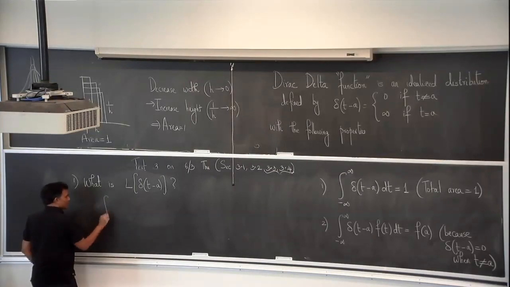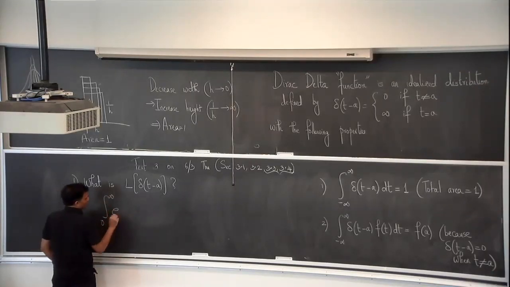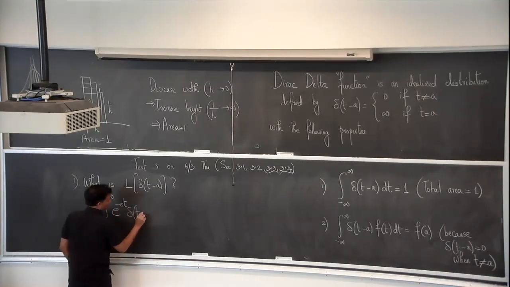All right, so let's start with our definition. This is the integral from 0 to infinity of e to the power of negative st times our function dt.